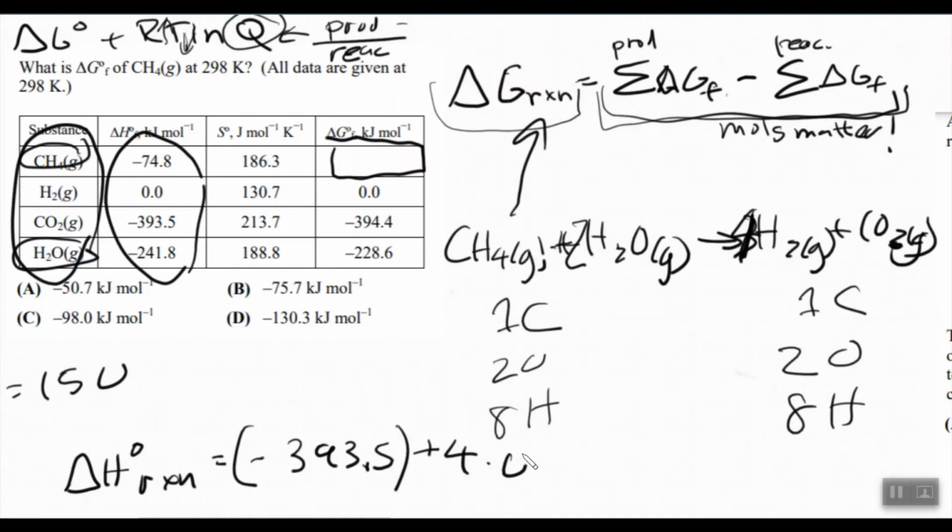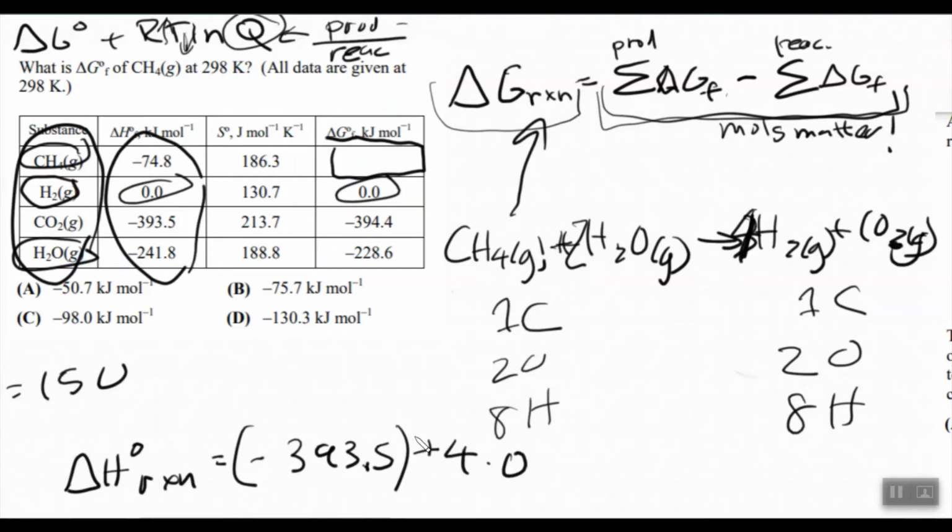Oh, it's 0. What do you know? And that's actually a very important point because the delta H and the delta G of formation for H2 will always be 0, as I discussed in video 11.3.